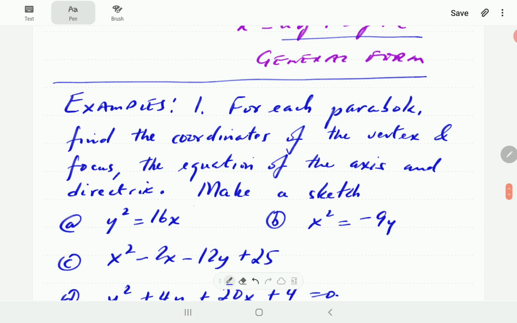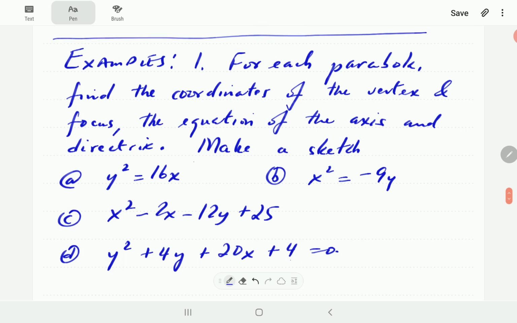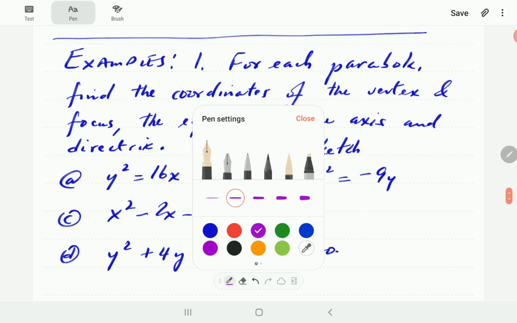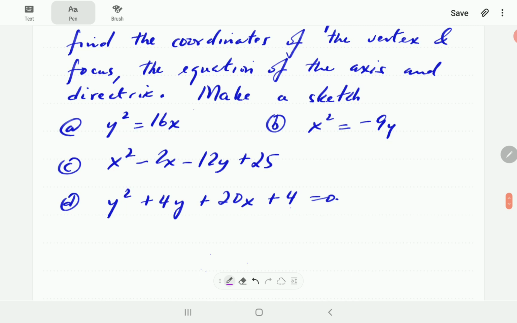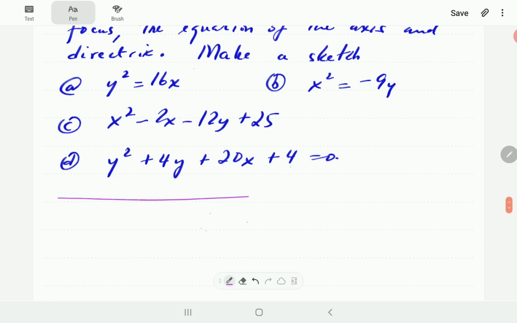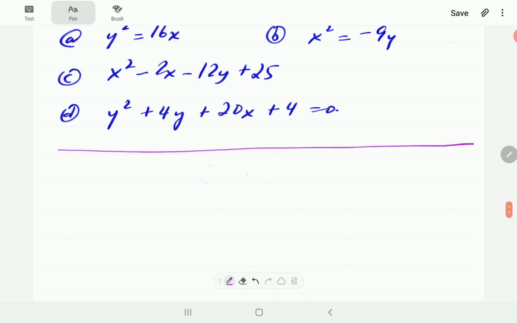In these examples, we are given the equation, and we want to find the coordinates of the vertex and the focus, the equations of the axis and the directrix, and then make a sketch. In A, it's the y that is squared, so the axis is going to be horizontal.